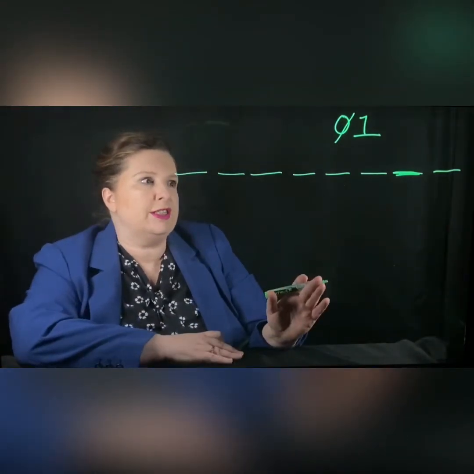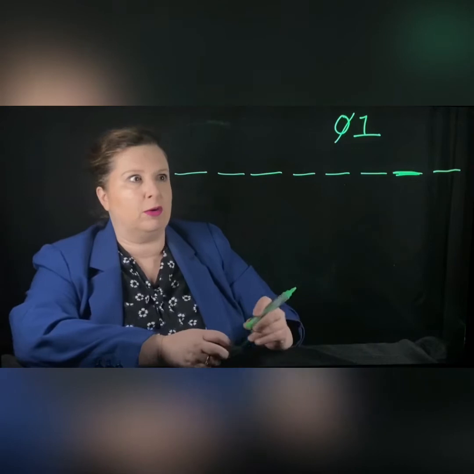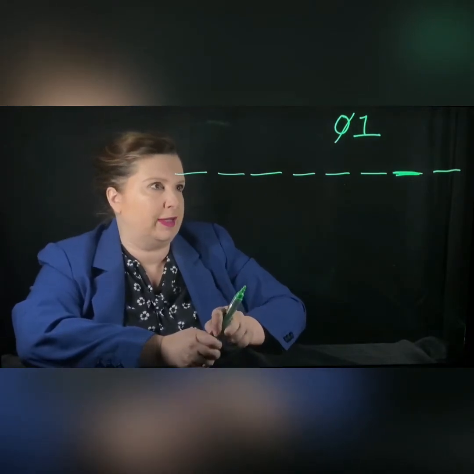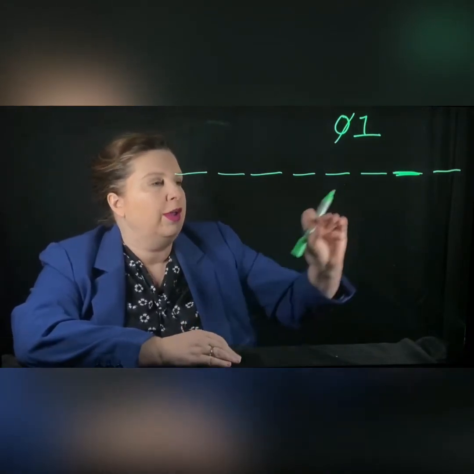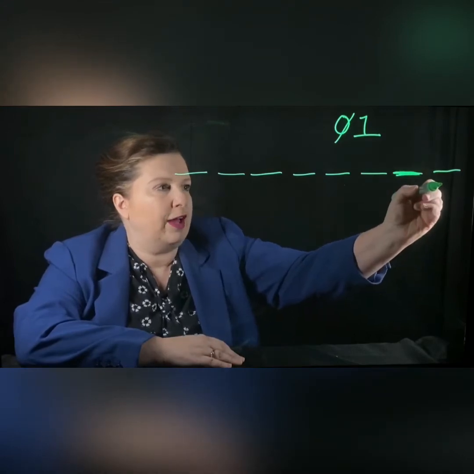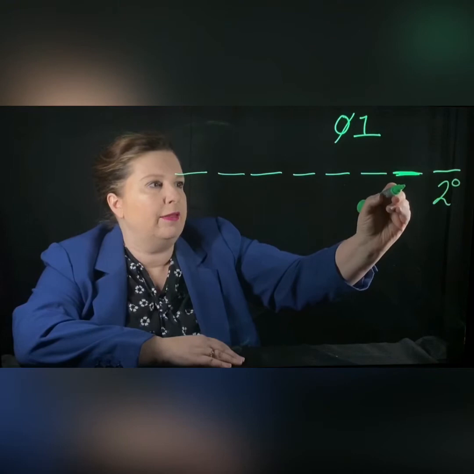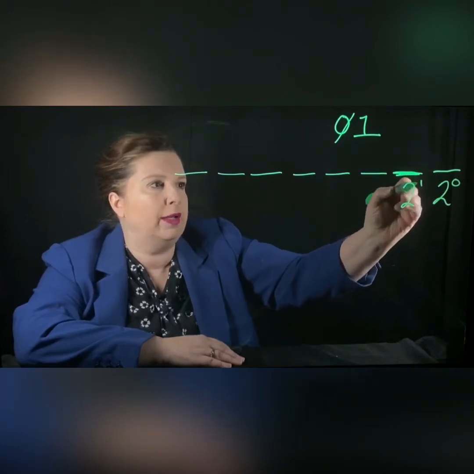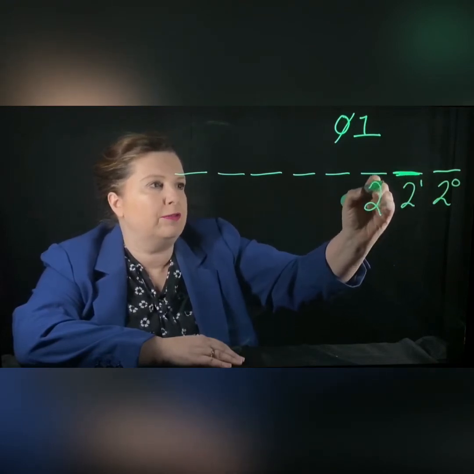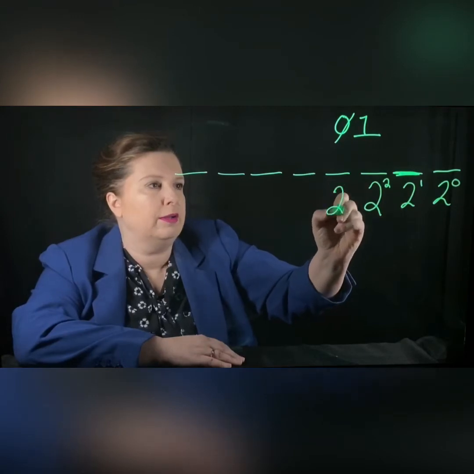You really just use what's called the powers of 2 to determine your place value. So in this place value, we would have 2 to the power of 0, and then 2 to the power of 1, 2 to the power of 2, and so on.